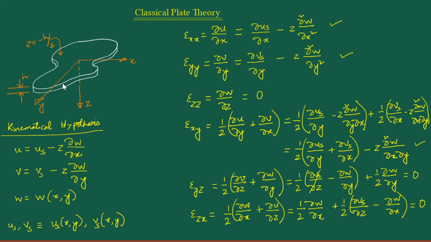That would have made the diagram a bit clearer. But anyway, this origin is at the mid height or the mid surface of this plate. As I had mentioned, the top surface is at z equal to minus h by 2. The bottom surface is at z equal to plus h by 2. Okay.